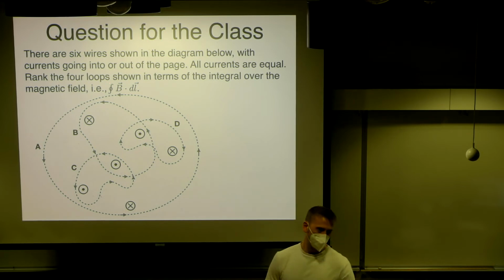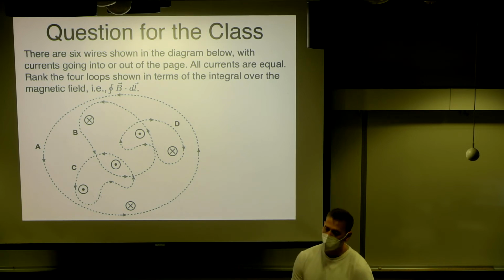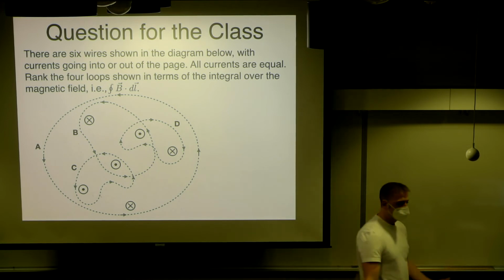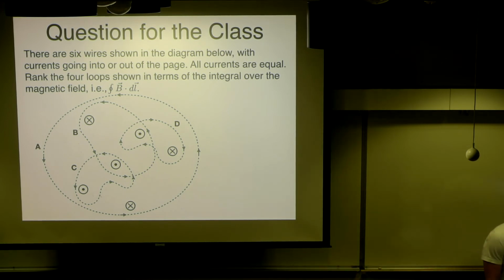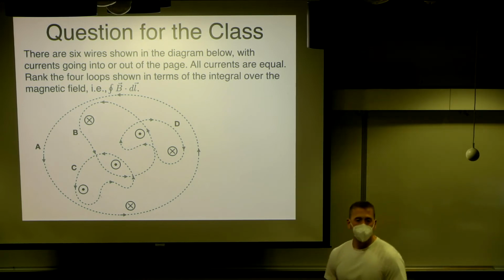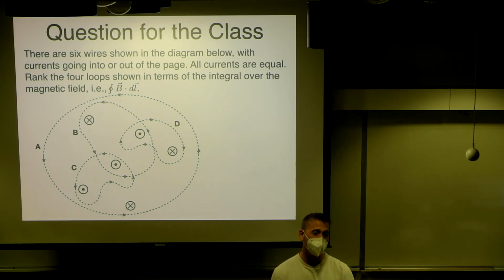But remember, it's equal, it's just about the current we're enclosing, right? Just look at the picture to determine how much current we're enclosing in each case. The ones that enclose the most current should have the largest value of this integral, okay? By the way, if currents oppose each other, you have to subtract them, okay? Currents go the same way, you add them.